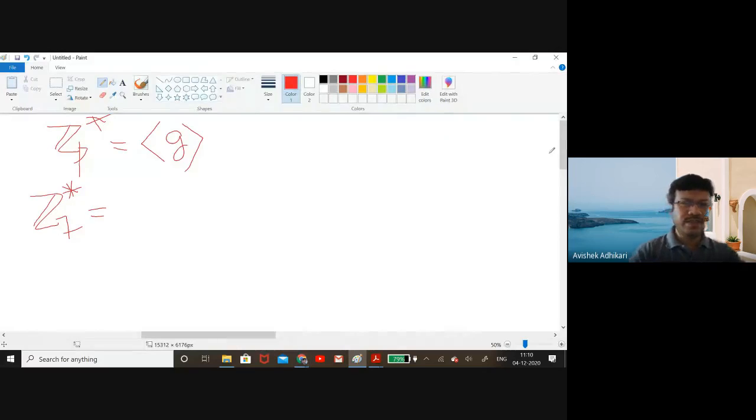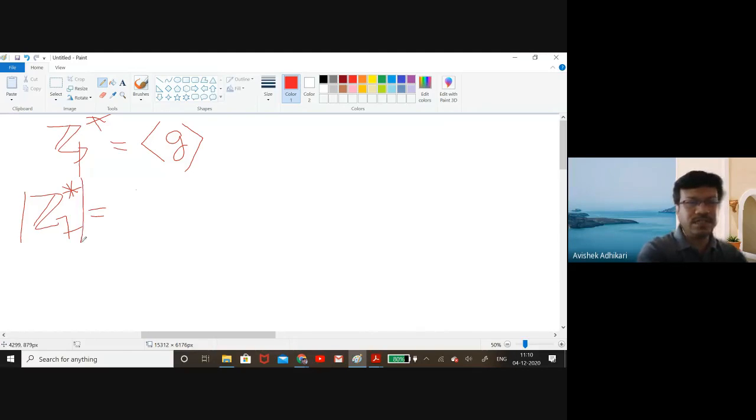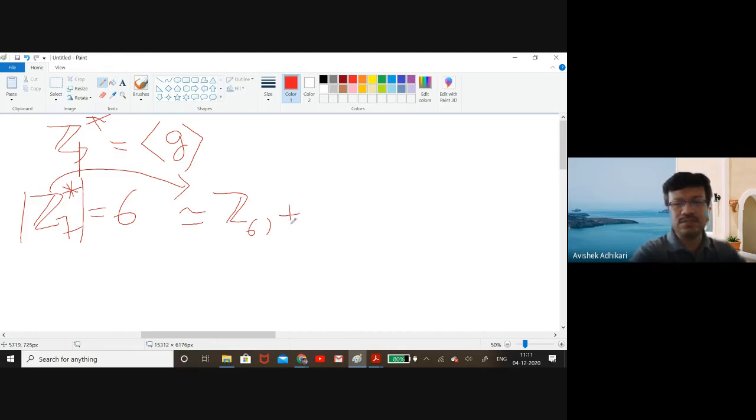It should be 5 or 6, I guess. So what is the order of this? It is 6, right? And we know that this is a cyclic group. So if this is a cyclic group, then it must be isomorphic to a group whose order is 6, so Z6 plus.